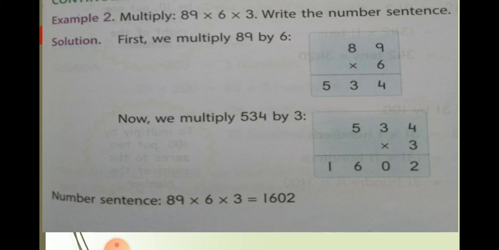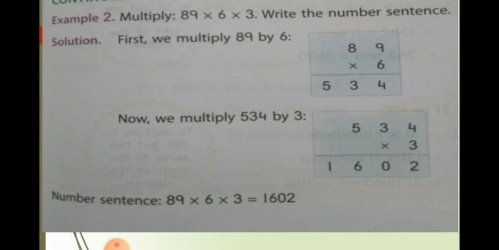Let us multiply 89 and 6, and we can see that 6 nines are 54, 5 is carried to 8, 6 eights are 48, 48 plus 5 we get 53. So the product is 534. Now we will multiply this product by the last number, that is 3.